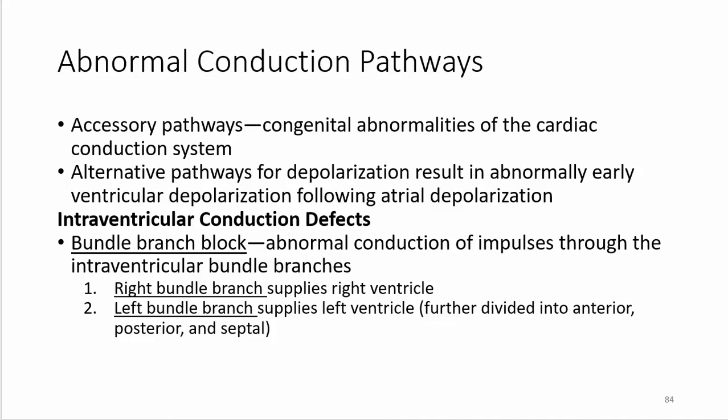Now, the abnormal pathways usually are congenital, and they are often associated with the physical congenital anomalies, like some of the septal defects and things like that. The problem with them is that the accessory pathways and the alternative pathways may be shorter and lead to early depolarization.